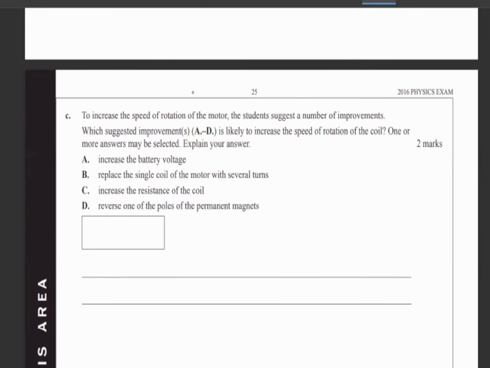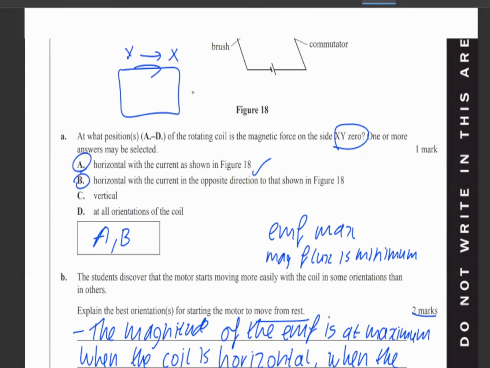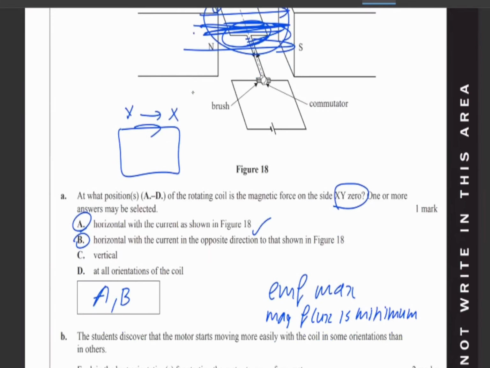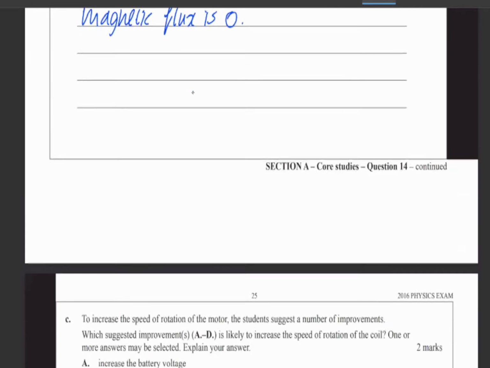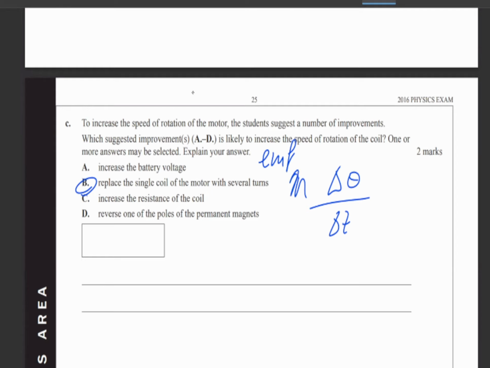So to increase the speed of the rotation, increase the battery voltage, and if there are several turns, according to this EMF, if there are more turns, it's going to be more EMF.